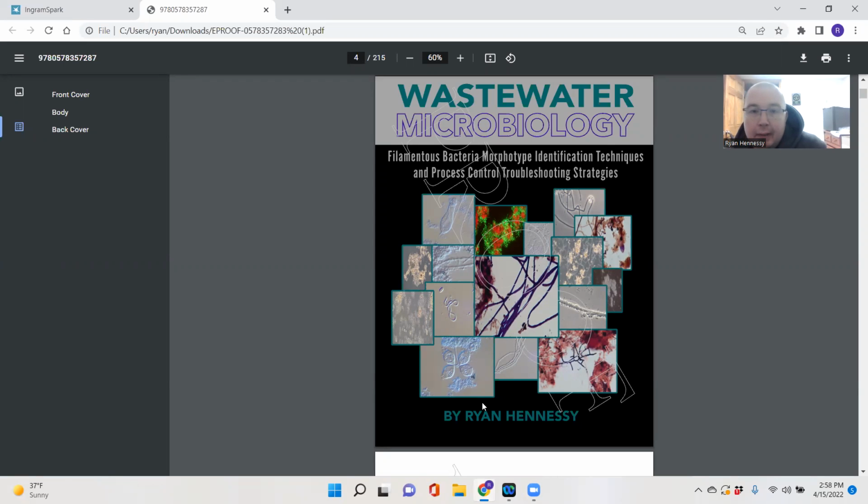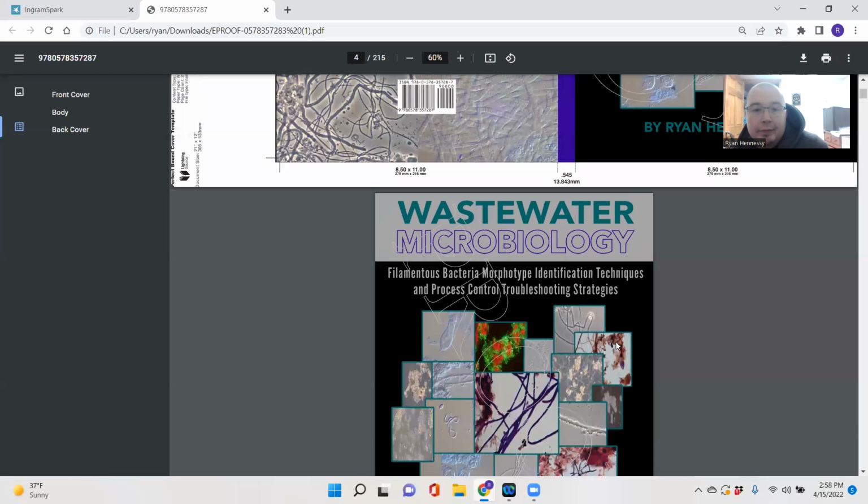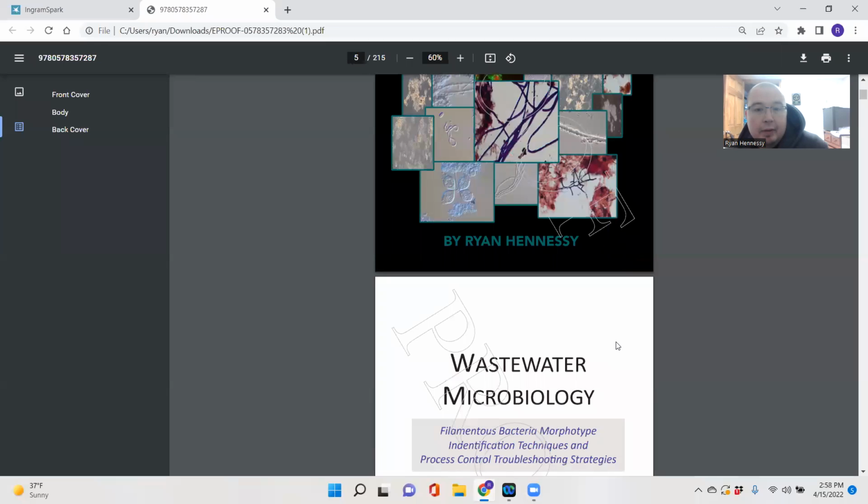It's purposely made so it's very easy to get to certain parts for troubleshooting purposes, filament identification strategies, and other things along those lines. So again, very proud of the book.